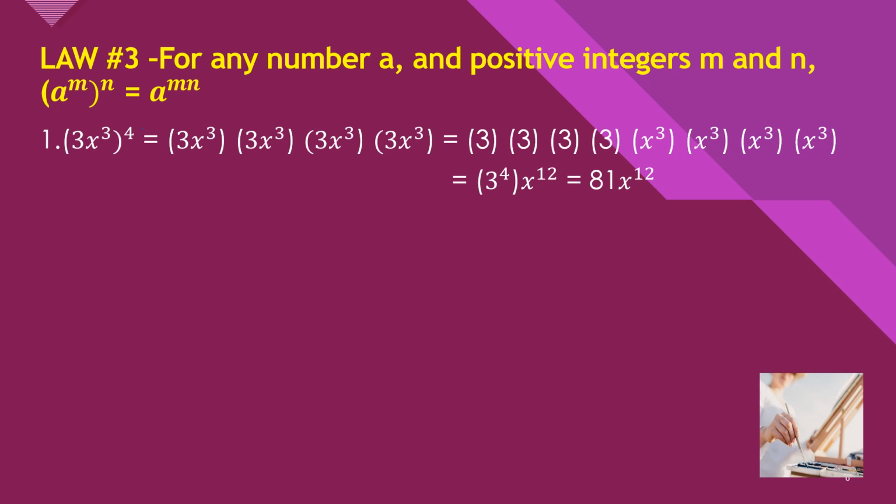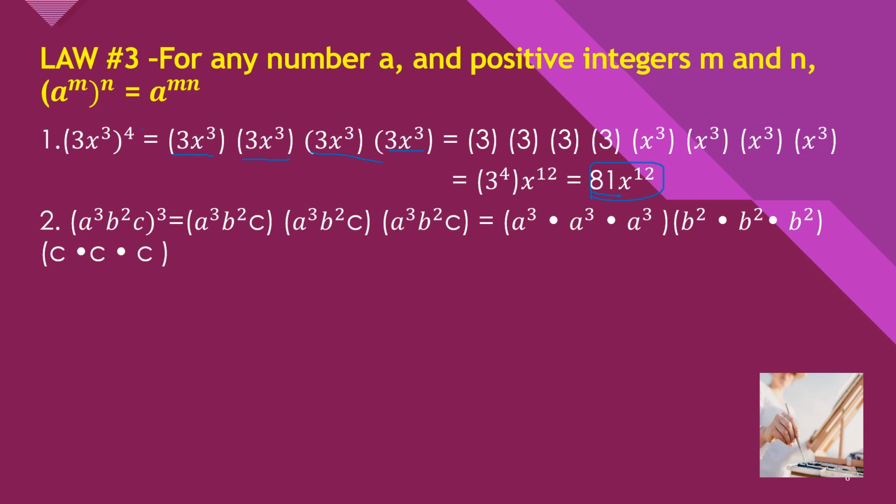That means we need to multiply 3x cubed 4 times. Then we multiply the whole numbers 4 times, so we have 3 raised to 4, that is 81. And then we add all the exponents, that's why we have x raised to 12. Okay, so the final answer is 81x raised to 12.